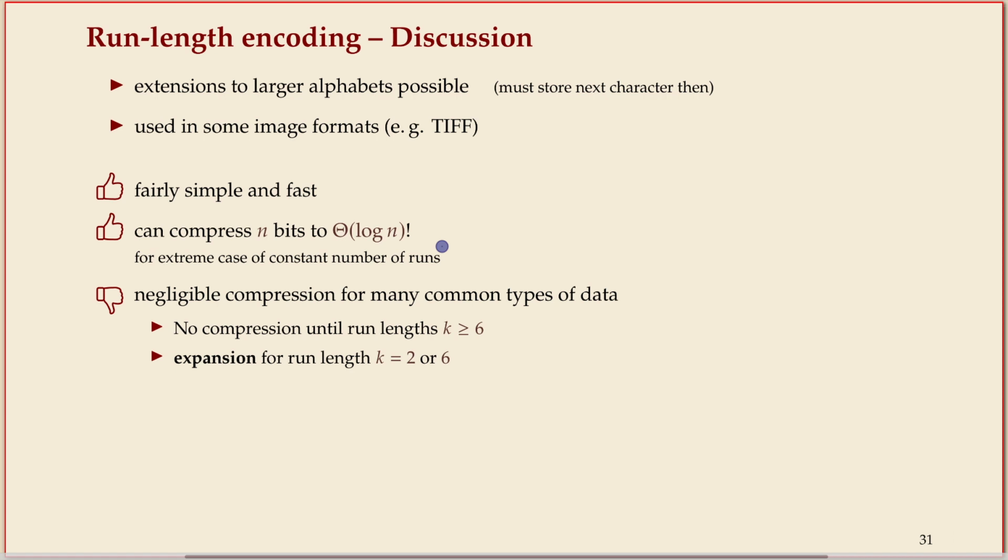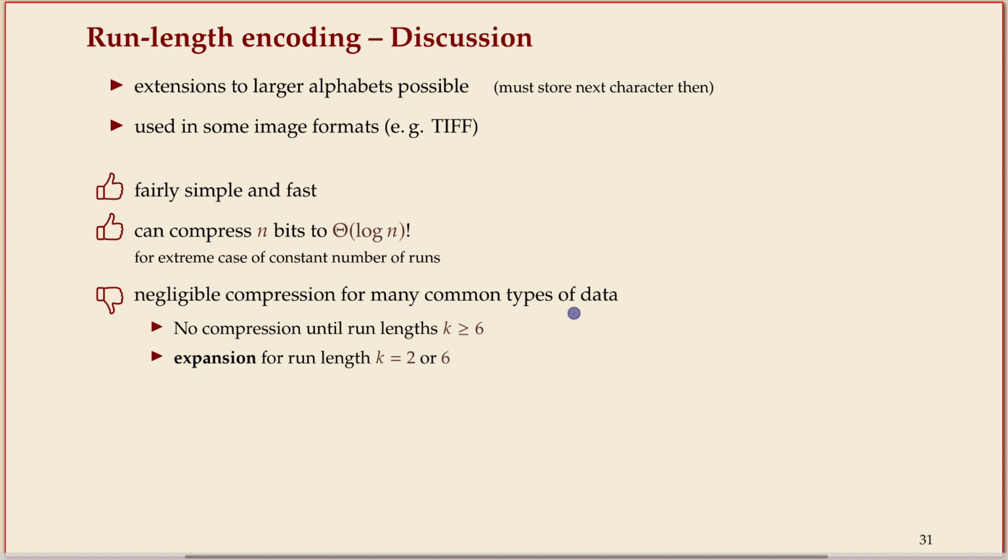It's one long run, and then you store the length of the run instead of the actual many bits. So the best case for compression here is extremely good. Huffman would never achieve something like this. Depending on how big the alphabet is, it can be a super constant reduction, but it won't go down to log n.